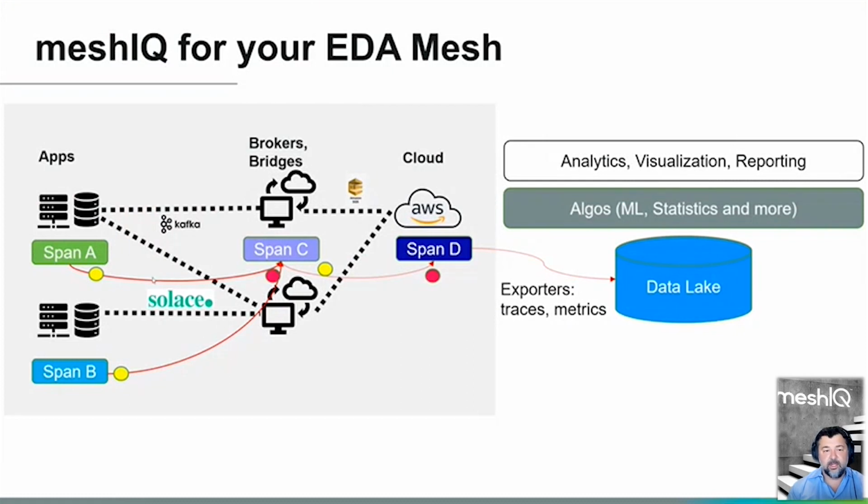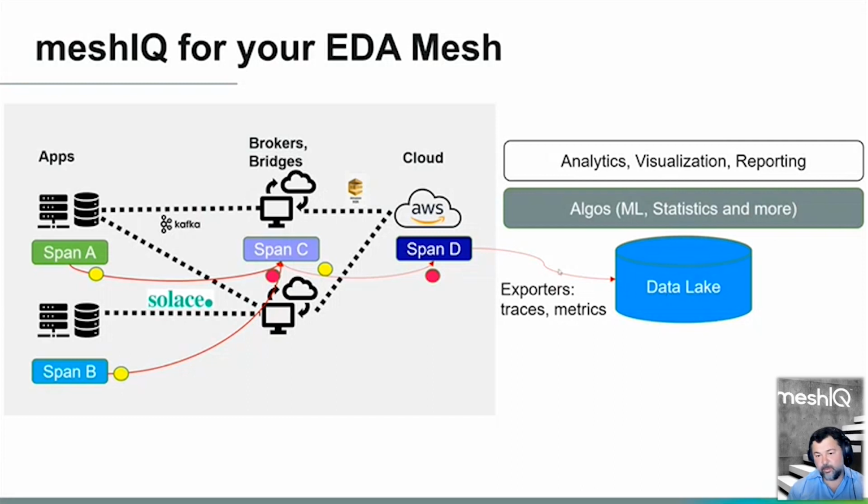Now, let's say we solve the problem with propagation. So now the idea is obviously to take all of these traces and metrics that are being emitted by Open Telemetry. You typically would pair it with an exporter that allows you to take all of this telemetry and feed it into some kind of a data lake.